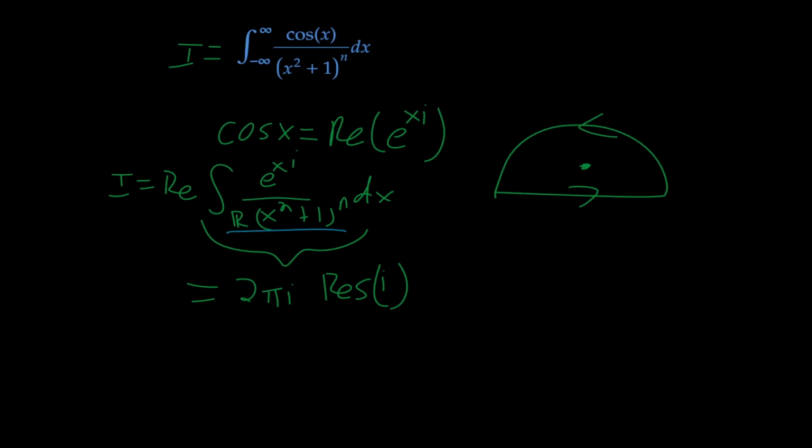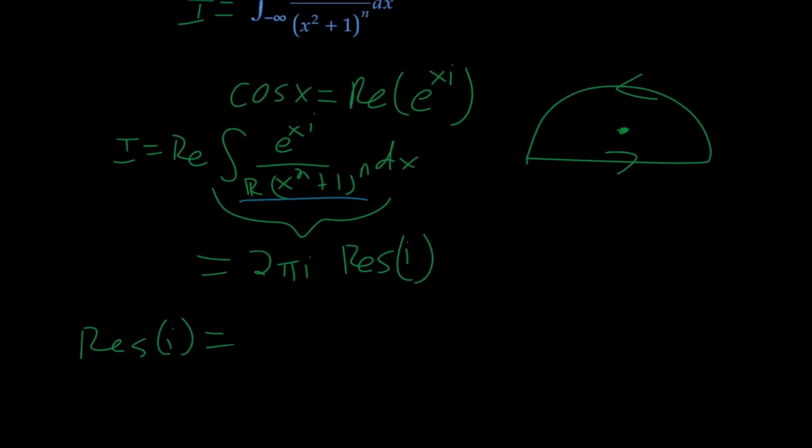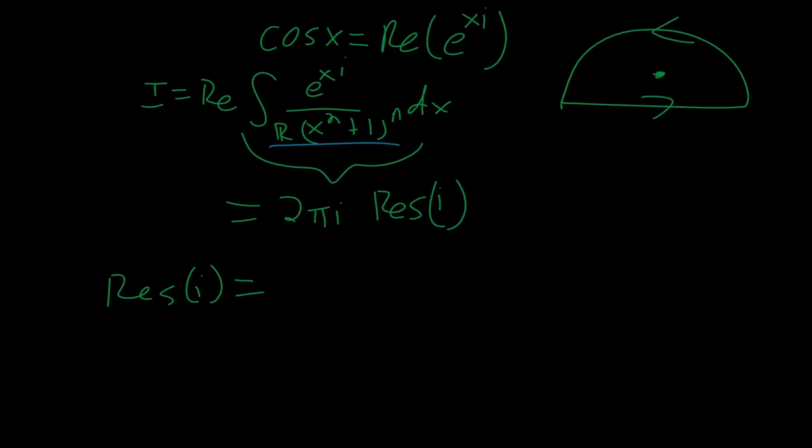Well, just using the formula, we see that our residue at i is equal to 1 over (n minus 1) factorial, because the degree of our pole is going to be n.